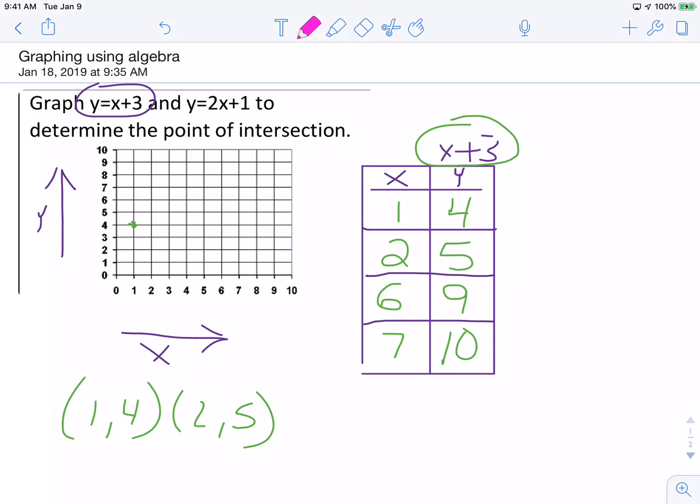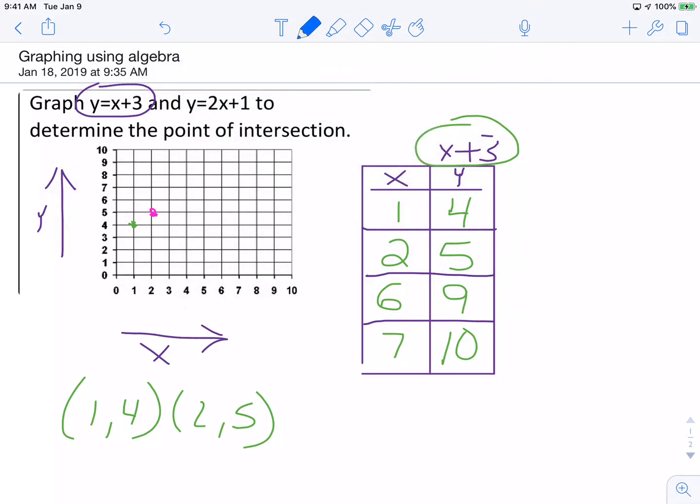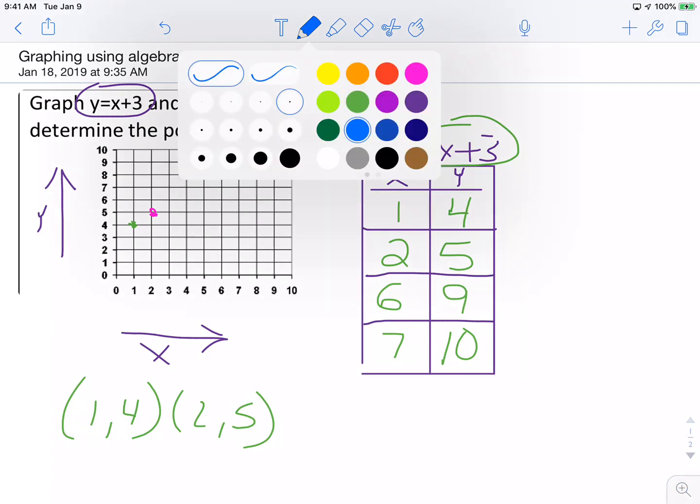Over 2, up 5. And I'd have one right there. And then I go over 6, up 9. And then the last one, I'd go over 7, up 10.